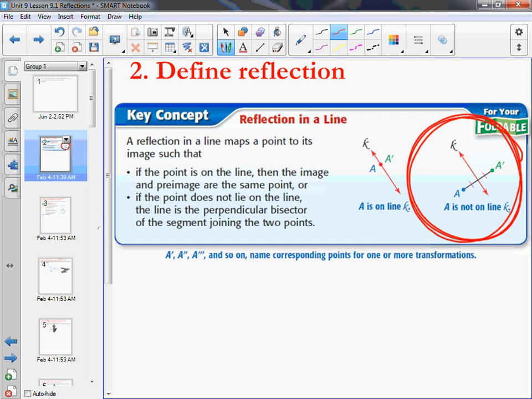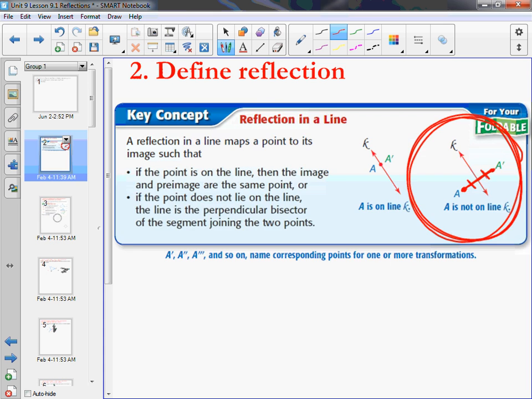A prime, and I'll show you how to figure out where A prime goes. Okay? A prime is on the other side of the line of reflection. If I draw a segment connecting A and A prime, the line of reflection is perpendicular to that segment, and it bisects the segment connecting A and A prime.